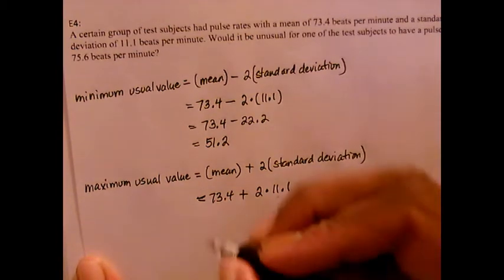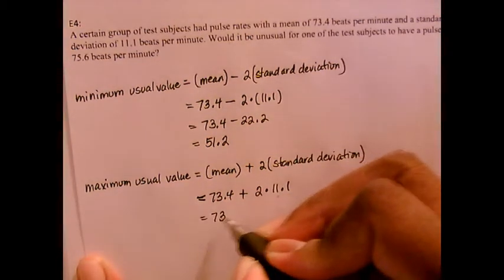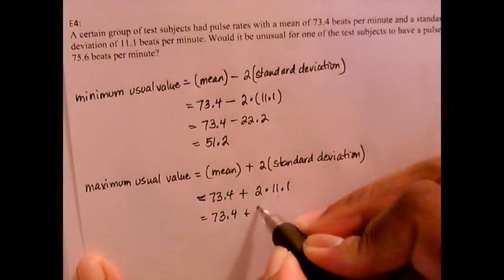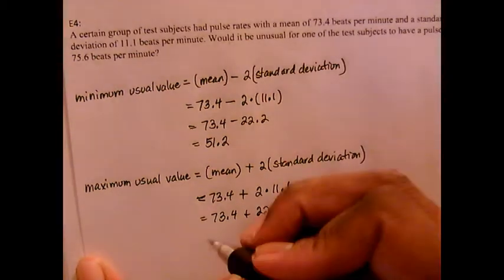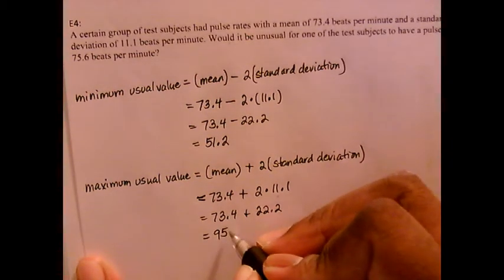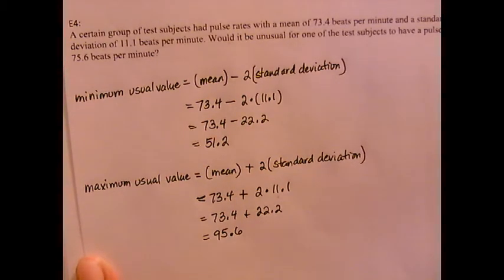And 2 times 11.1 was 22.2. So 73.4 plus 22.2 will give me 95.6. So the maximum usual value will be 95.6.